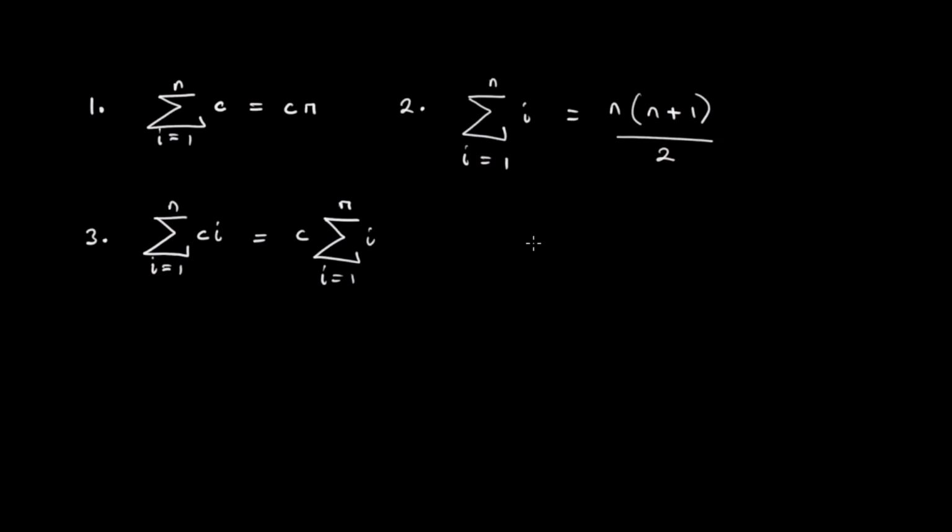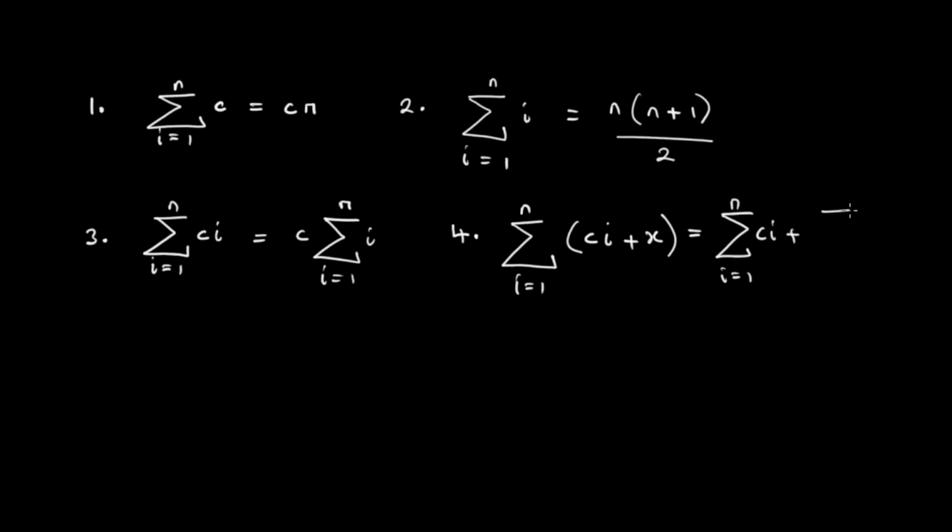You can treat it as a formula as well. For number 4, we learned that the summation of ci plus x of I from I equals 1 up to n is equal to the summation from I equals 1 up to n of ci plus the summation from I equals 1 up to n of x of I. We learned it also as a relation.